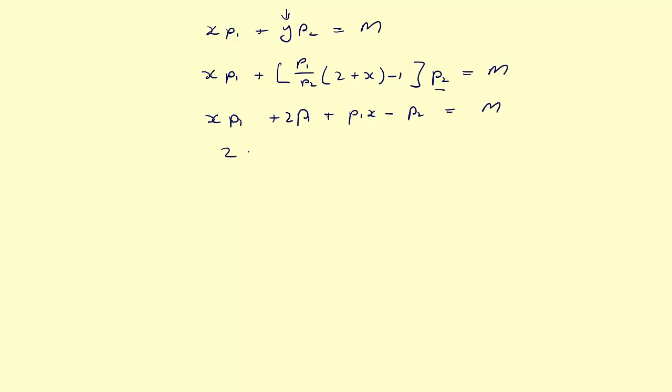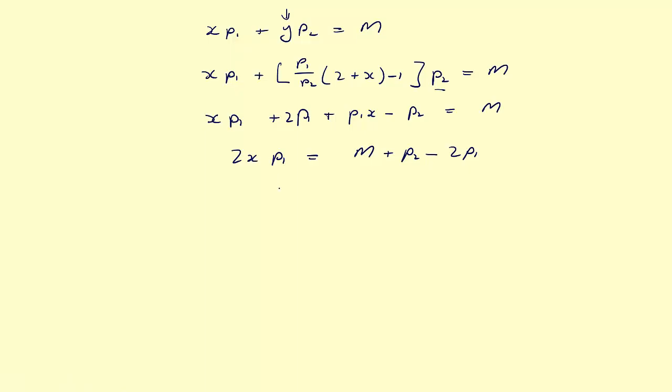So that's 2x p1, collecting those like terms there, plus 2p1 minus p2 equals m. So collecting the terms for x on the left-hand side and the constants on the right-hand side, we'll have 2x p1 is equal to m plus p2 minus 2p1.